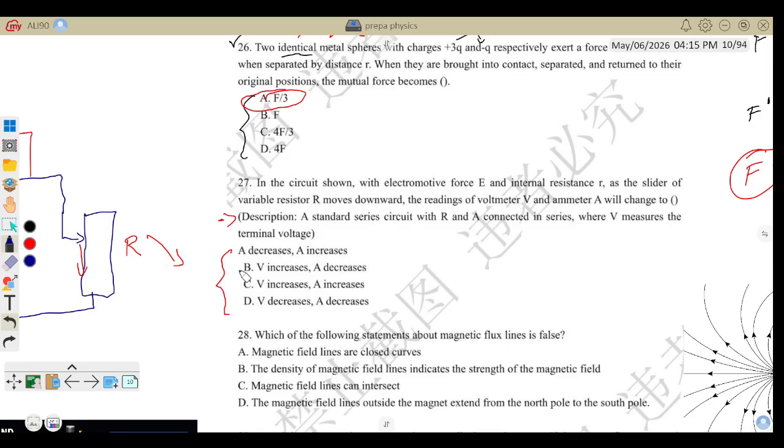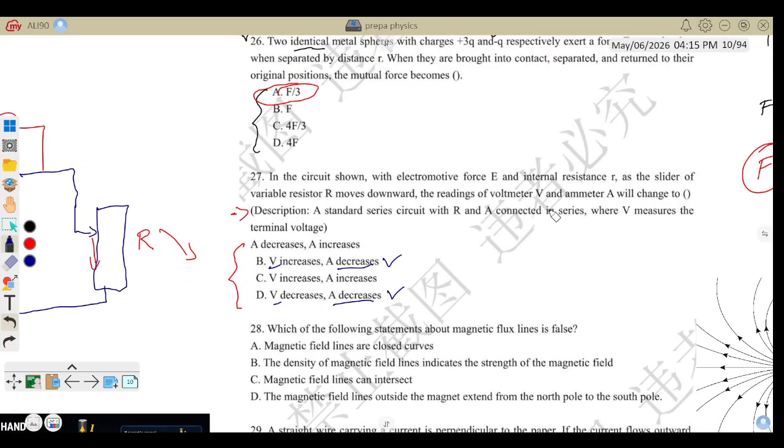We can then choose between A decreases or D decreases, one of these two. To know which one is correct, we need to determine what happens to V.